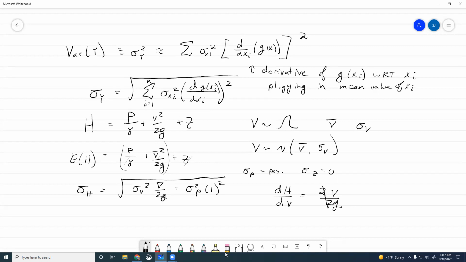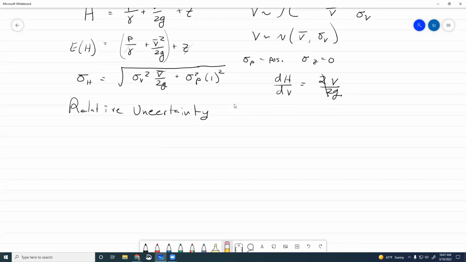And then the last thing I'll say, and then we'll say happy spring break, is the relative uncertainty. This is something that we talk about in the lab. What is the contribution to uncertainty in H of these two terms? So that's a question you might ask, and that could be like a percent type of thing, right?